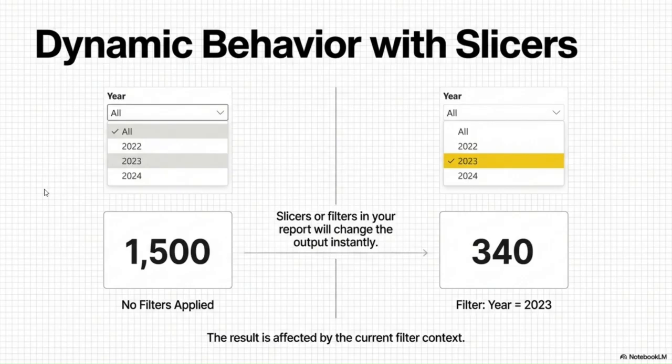The value is around 1500. But when the year slicer is applied and we select 2023, the result updates instantly to 340. This shows how DISTINCT reacts to report filters and creates dynamic analytics.